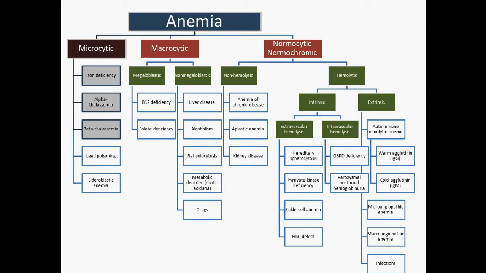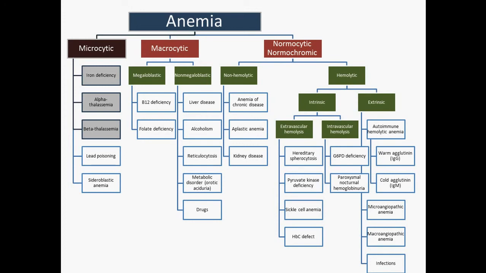Then if you have deletion of the four genes, then that's incompatible with life. You're going to have formation of Hb Barts, hemoglobin Barts, which causes hydrops fetalis.